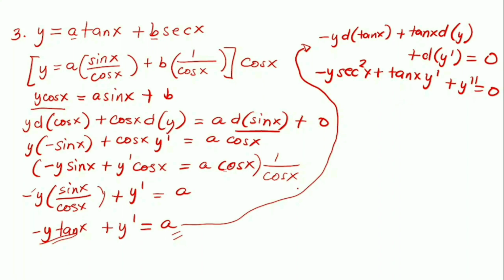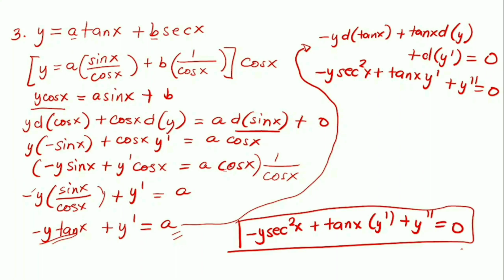Okay? So, rewrite natin dito yung final answer para mas maayos. So, the final answer is negative y secant squared x plus tangent x y prime plus y double prime is equals to 0. Okay? So, this will be the final answer.